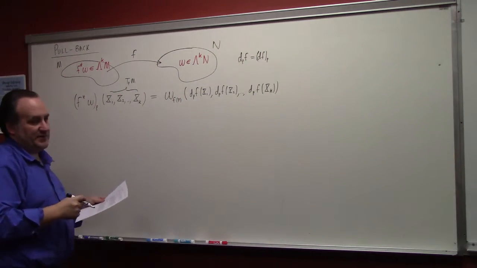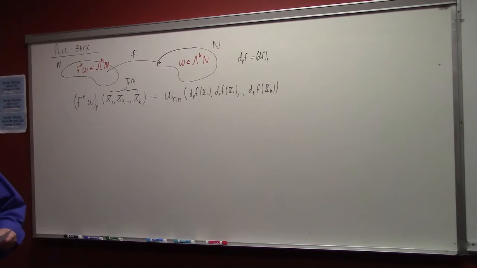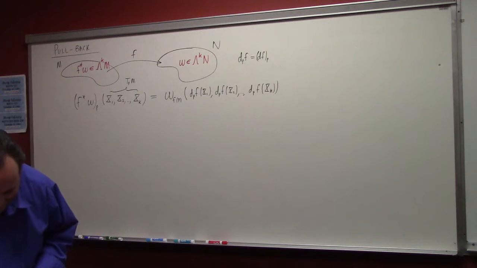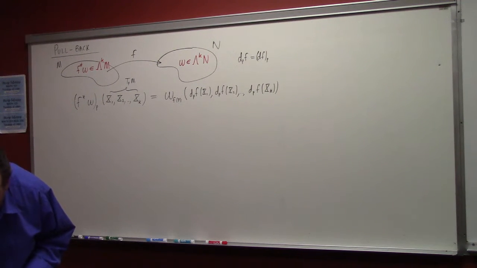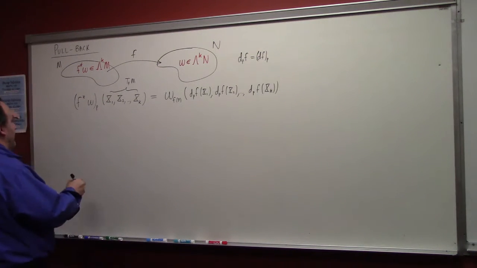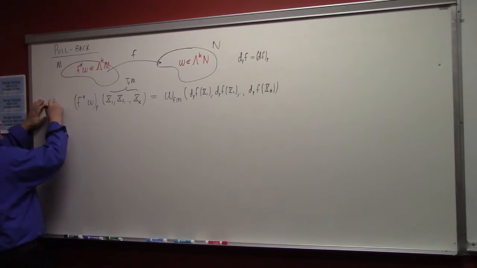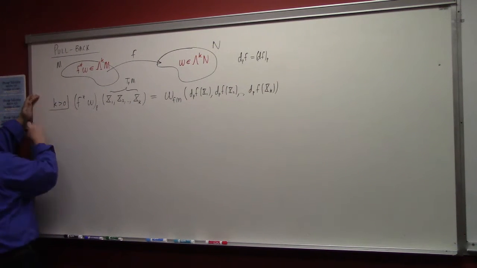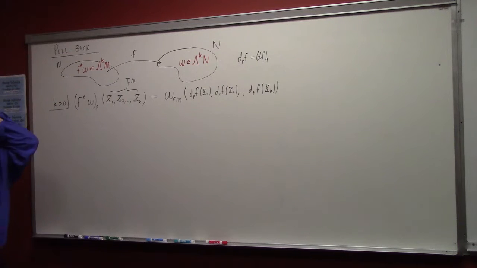So I wouldn't make much of that distinction because I haven't made the distinction. Of course, this is for k greater than 0, all right? This is how we define the pullback.